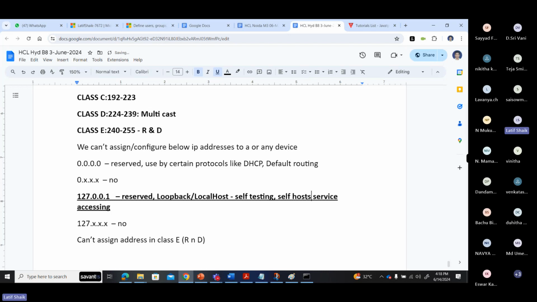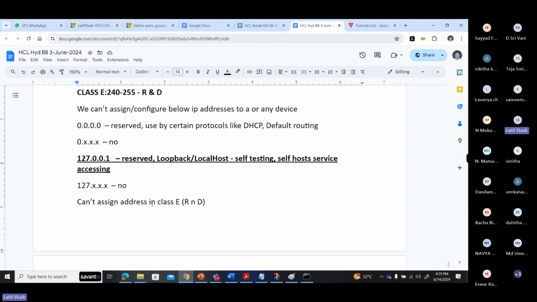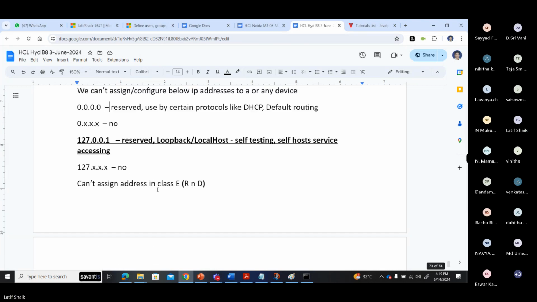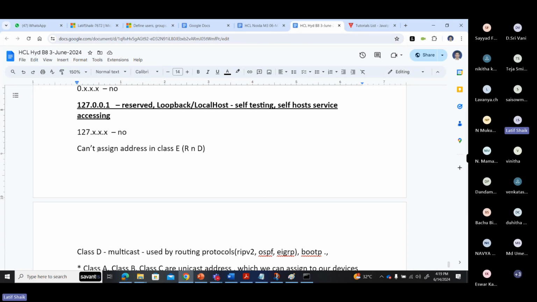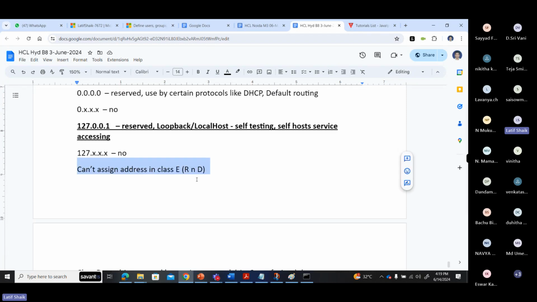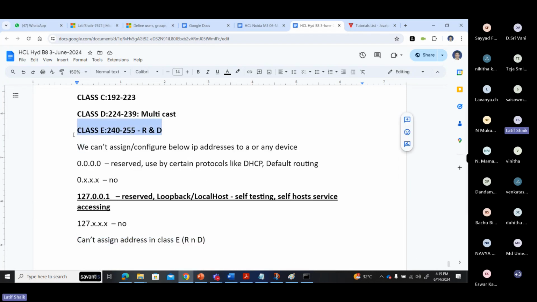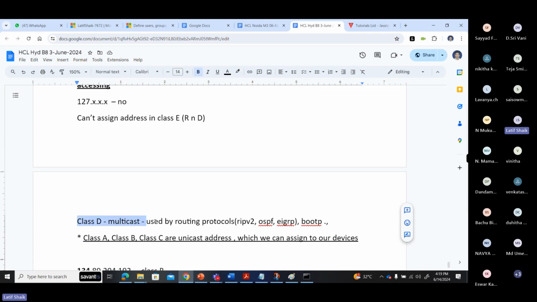0.0.0.0 is also used by certain services, like default and no-host kind of services, so we cannot use it. We also cannot use class E, which is reserved for R&D, and we cannot use class D, which is multicast used by certain protocols.